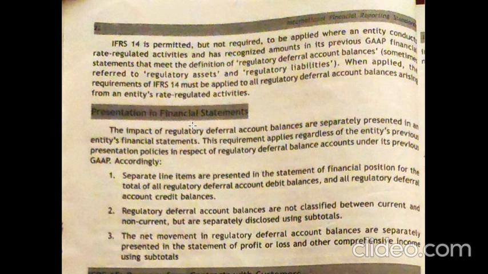So what IFRS 14 is trying to conclude is that any deferral payment should be checked, and once it has appeared in the previous financial statement, it shouldn't be recorded in the future financial statement as well. It should be regulated well, so such payments shouldn't be repeated again and again, and such deferral payments or deferral accounts should be presented in a separate line in the financial statement.